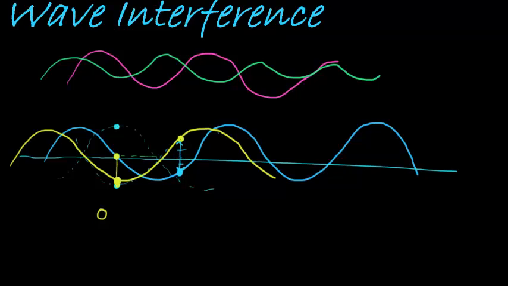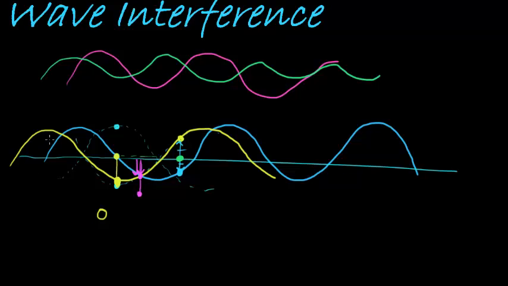Then the result will be that he will be there in the middle. And let's look at this spot right here. In this spot there's a downward displacement, and there's another downward displacement, both by the blue wave as well as by the yellow wave. There's two downward displacements, so in the end he'll be there.